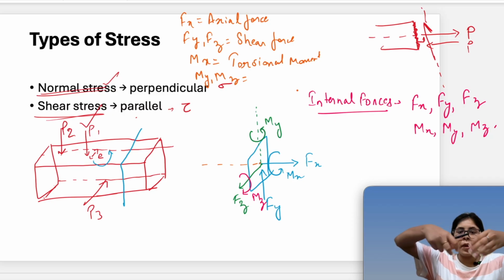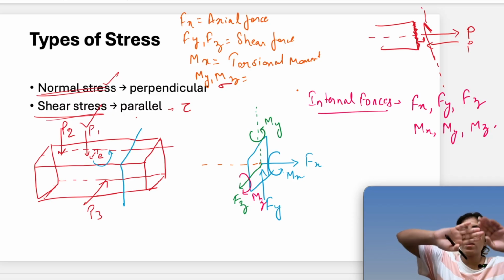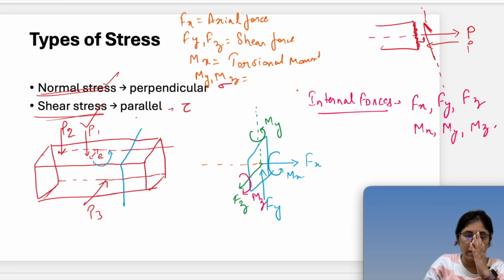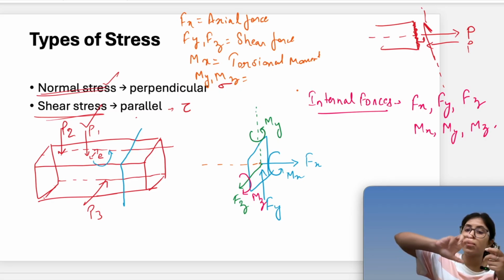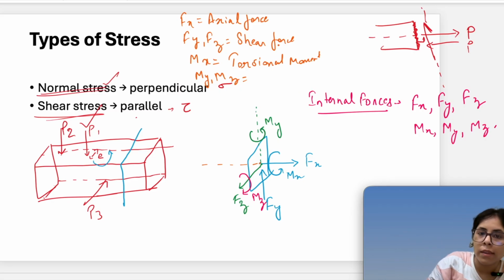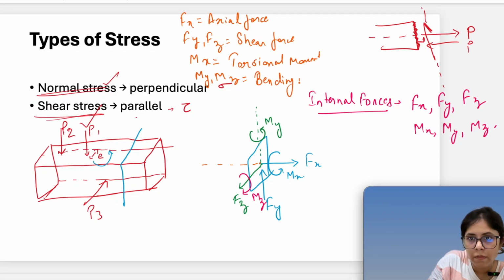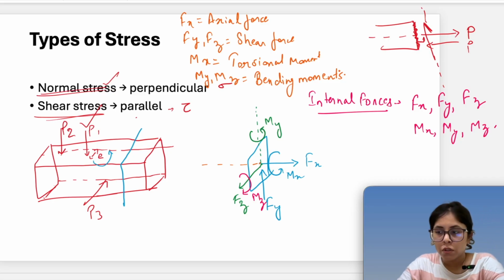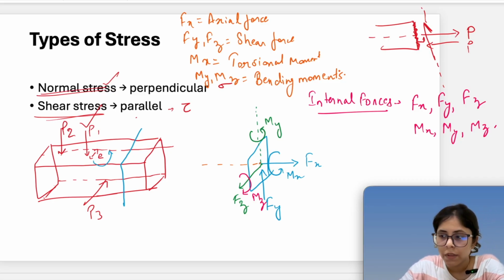My will bend the beam in this direction, mz will bend the beam in this direction, and mx will just create torque in the beam, so we call it torsion. So these are bending moments. This is how we have the types of stresses.